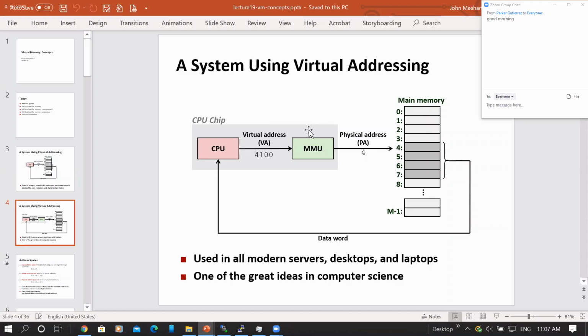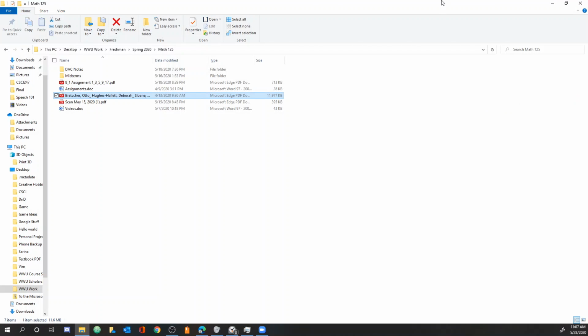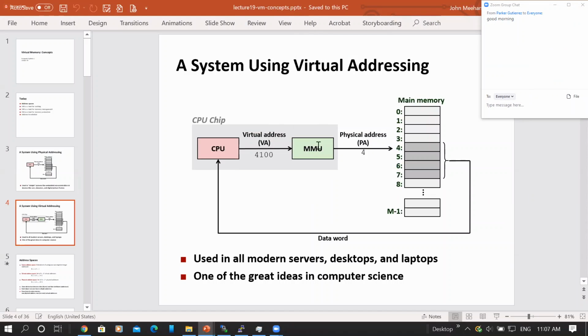We have some hardware called a memory management unit that helps us do this mapping of the virtual address to a physical address on the computer. So we need to learn how that hardware works and what it does. But the basic idea is that processes can run and generate these virtual addresses, and then we can translate the virtual addresses to a physical address on a computer.